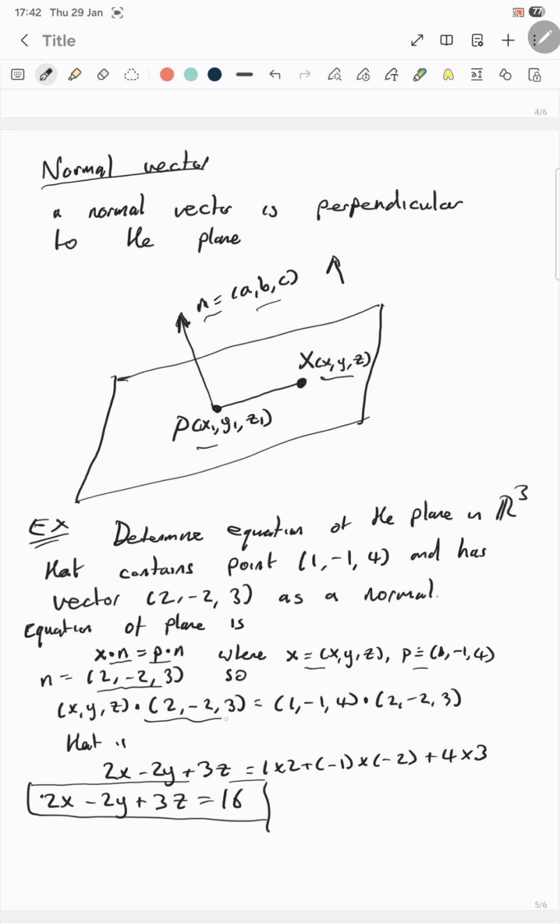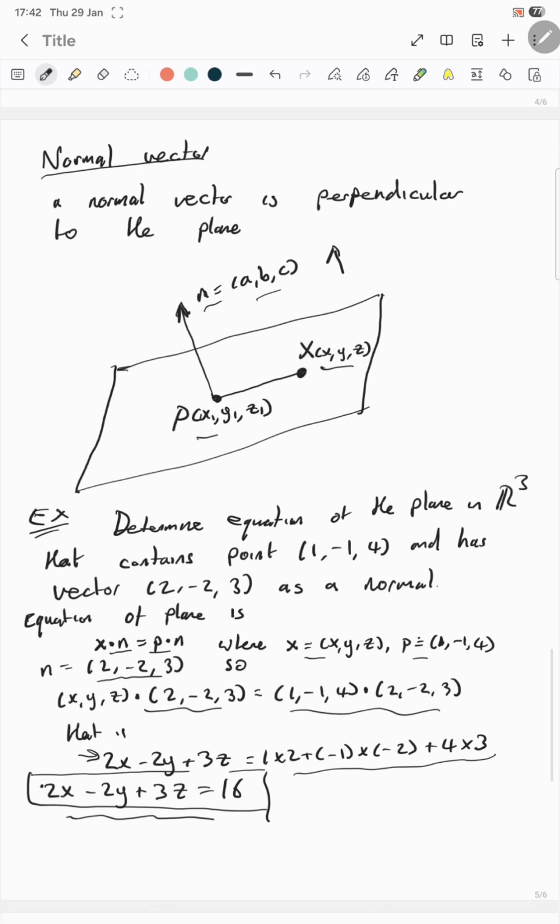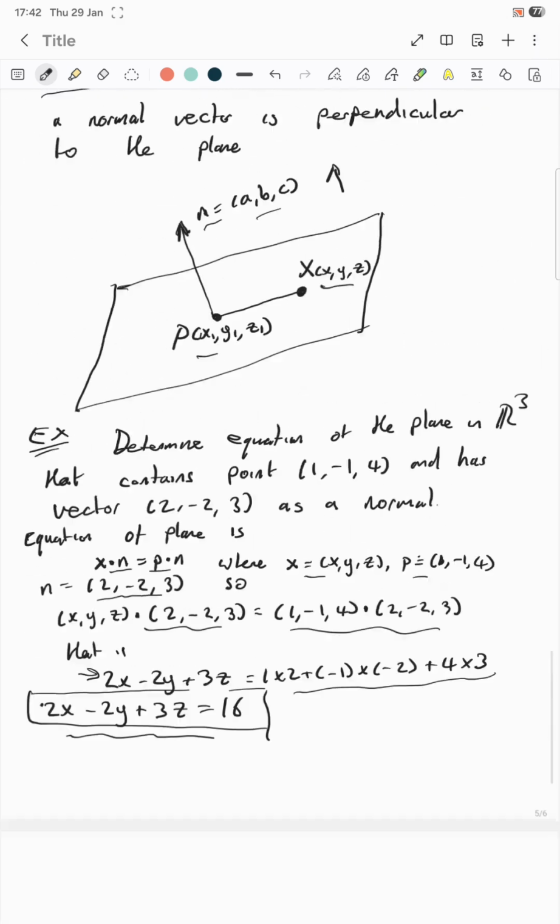If you plug these values in, we get 2x minus 2y plus 3z, and plugging in all the numeric values, we get 2x minus 2y plus 3z equals 16, and that's the equation of the plane that contains these points. And that's it.